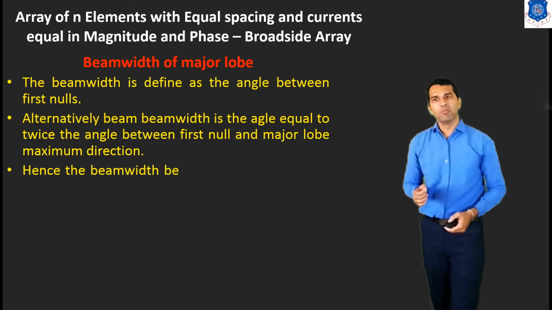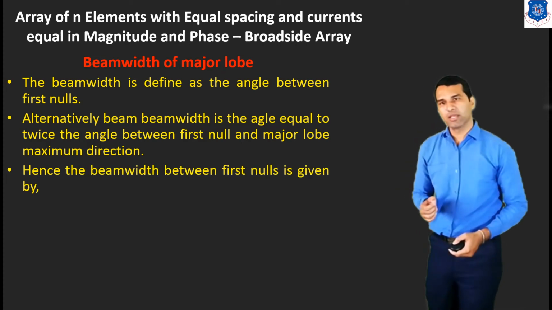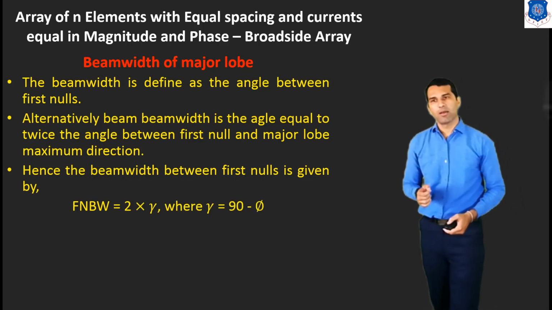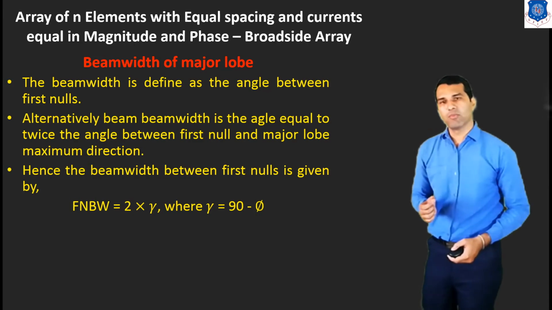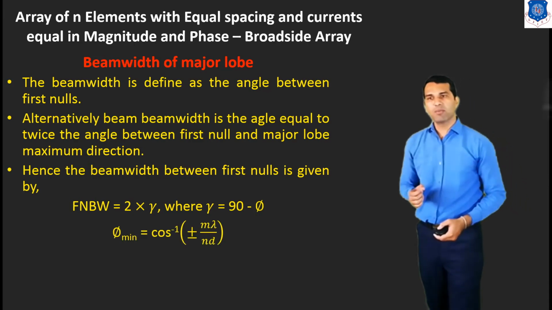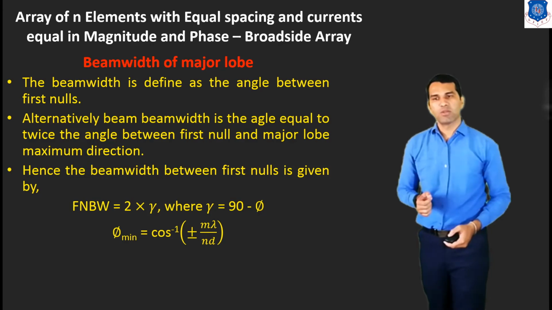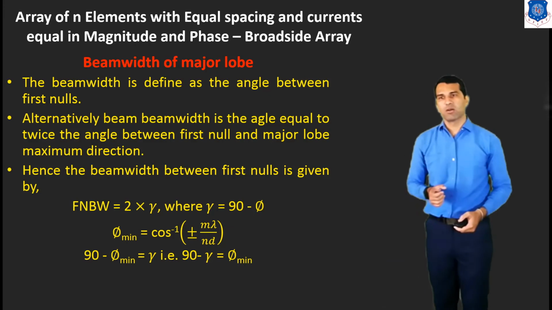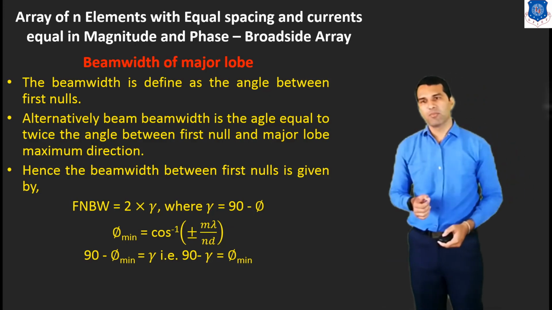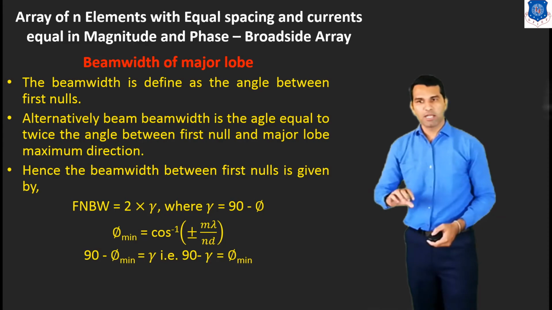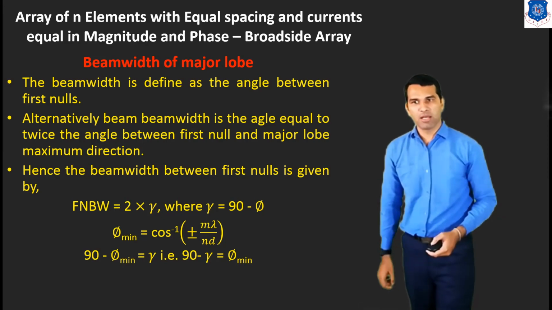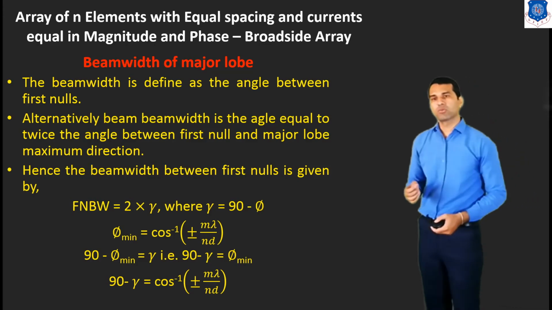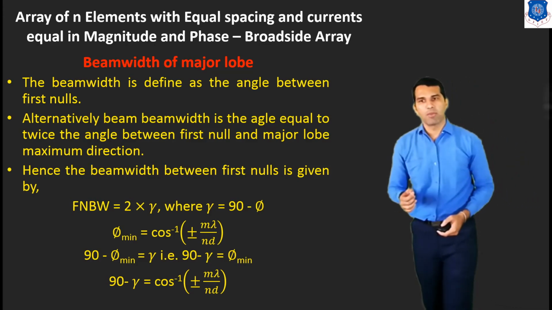Hence, the beam width between first nulls is given by FNBW equals 2γ, where γ is 90 minus φ minima. For φ minima we have cos inverse of ±mλ/nd. So 90 minus φ minima is γ, so we can write 90 minus γ equals φ minima. Putting this in, 90 minus γ equals cos inverse of ±mλ/nd.